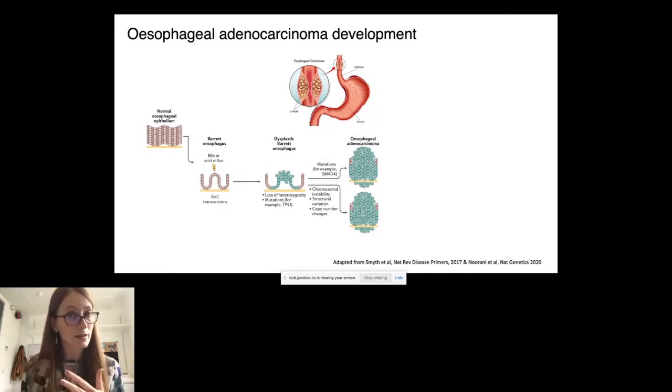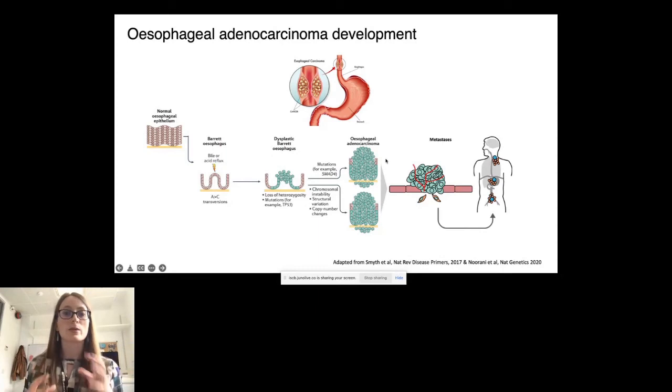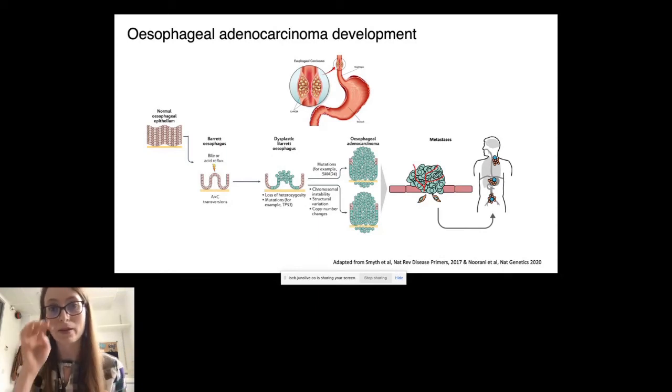And this is a benign condition. It can be a benign condition, but 3% of such individuals that suffer from Barrett's esophagus will go on to develop esophageal cancer. So it's not always that they go on to develop esophageal cancer, but sometimes they do, and this is why it's quite interesting and intriguing to study. So once the cancer has developed, it goes through a stage of dysplasia, and then you have the full-blown tumor there. And the tumors metastasize quite rapidly.